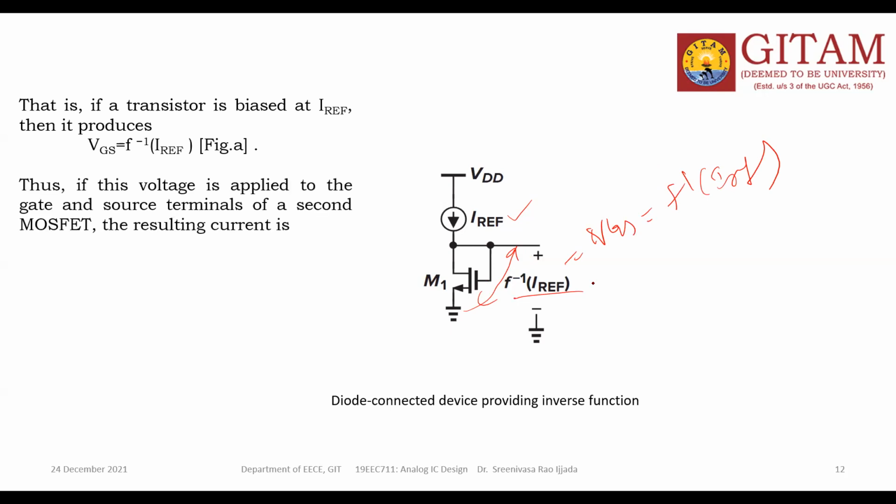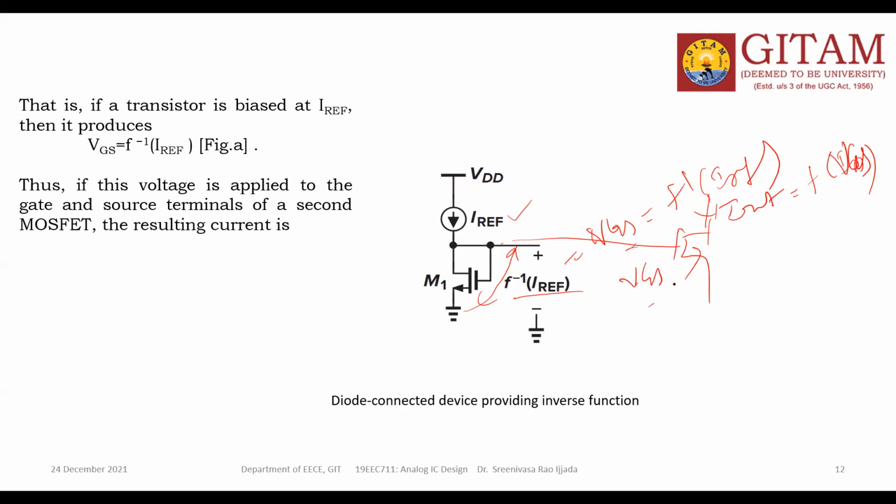Thus, if this voltage is applied to the gate and source terminals of the second one, suppose this is the transistor, now this is fed as the VGS. Then this is the I out current. So I out is a function of VGS.